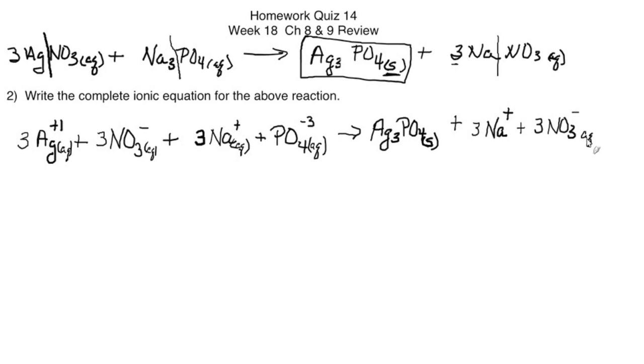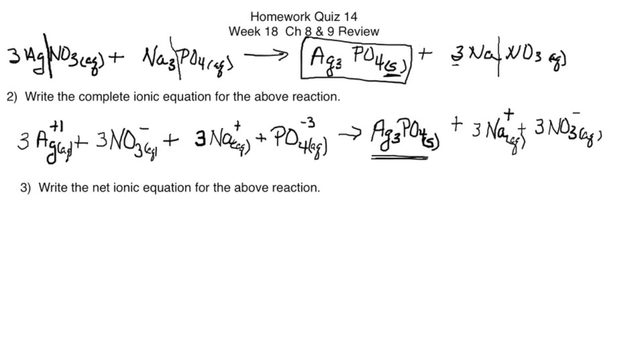And these are also aqueous, so they get the little AQ next to them. All right, so everything broke apart except the silver phosphate, which is a solid. So that is the complete ionic equation for the above reaction. It shows everything that's in the solution that exists as an ion.